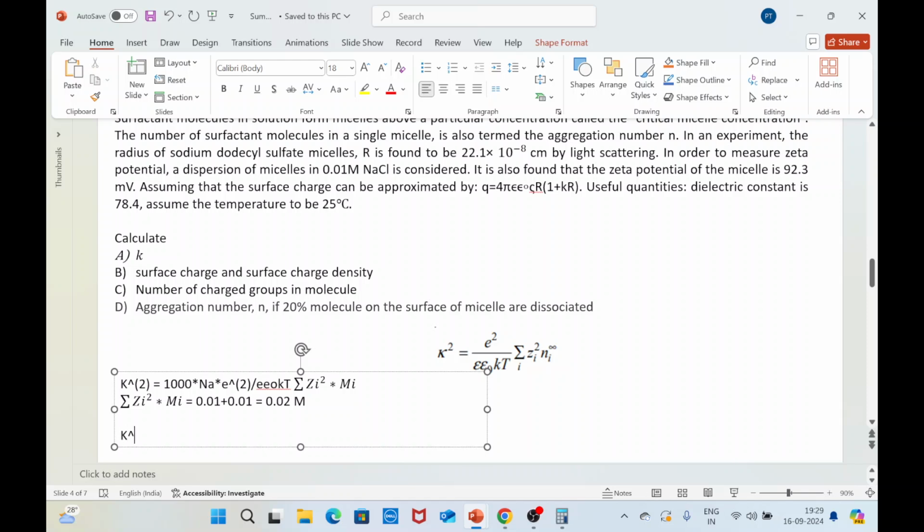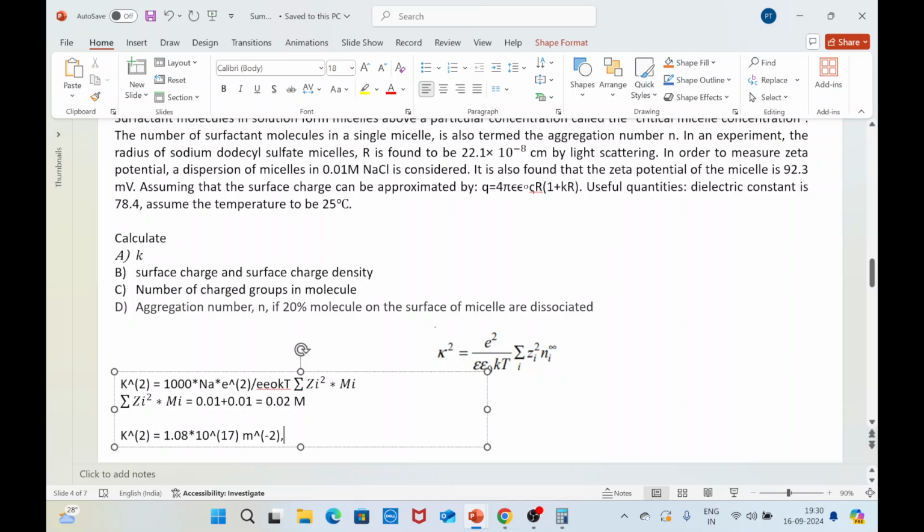So my value of kappa square comes out around 1.08 times 10 power 17 meter power minus 2.